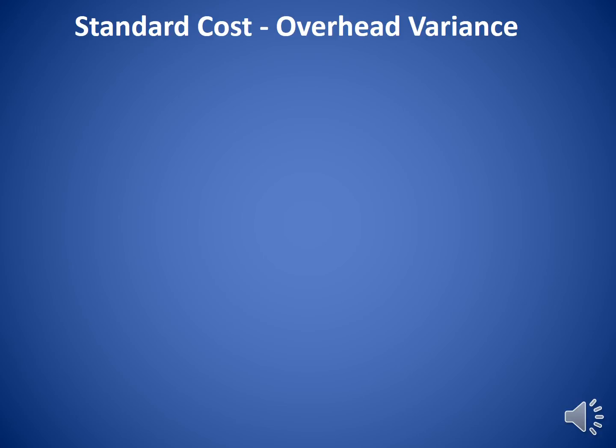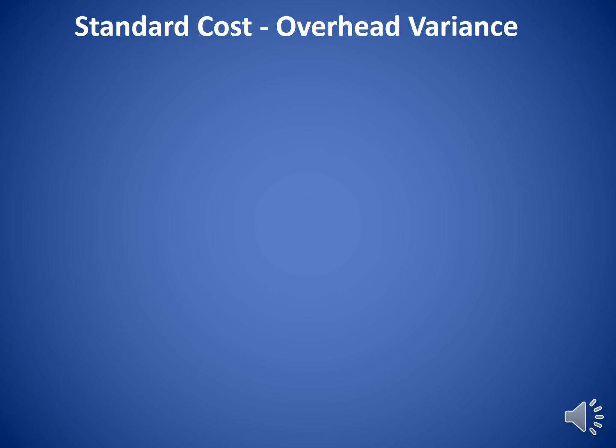Let's talk about standard cost and overhead variances. Now, we're going to start at a very high level on overhead variances, and then over time during this presentation drill down to where these variances become actually fairly complicated. I can tell you up front, these probably will be confusing, and you may not be able to master them all.